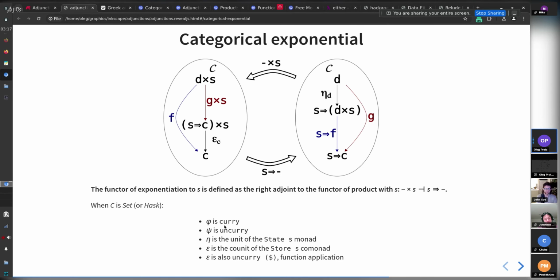Now I said that every adjunction gives a monad and a co-monad, so RL is supposed to be a monad, and indeed we see that this guy is the state monad, right? And if we take S to be the real world, this is the IO monad.